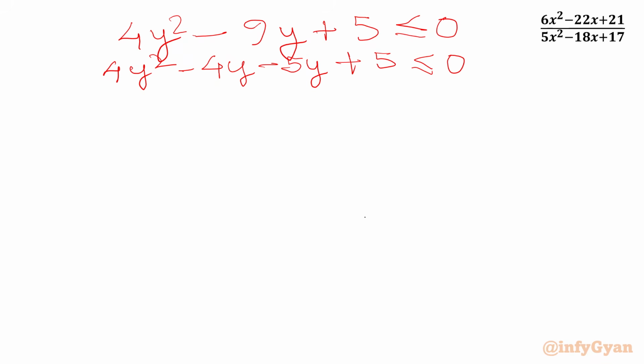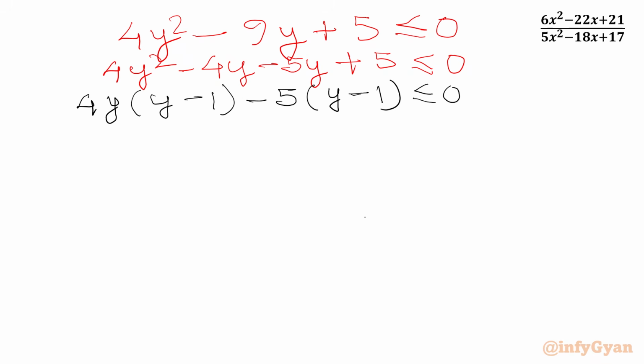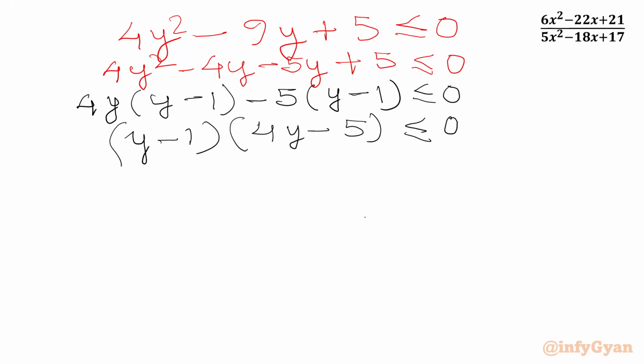From the first two terms we can take 4y common, so in the bracket we will write y − 1. From the next two terms, if I take minus 5 common, we will retain the same bracket y − 1. So our factorization is done: (y − 1)(4y − 5) should be less than or equal to 0.